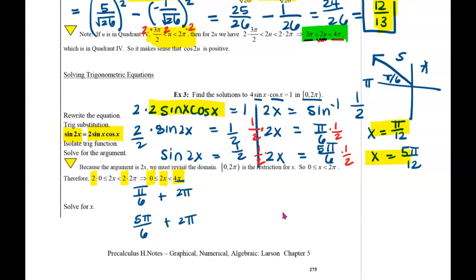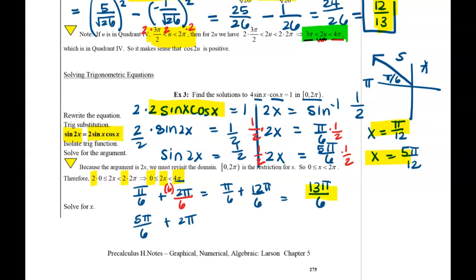All right, so we can do another full unit circle. So the common denominator here is 6. So we'll multiply the top and bottom by 6. Now I have 1 pi over 6 plus 12 pi over 6 is equal to 13 pi over 6.